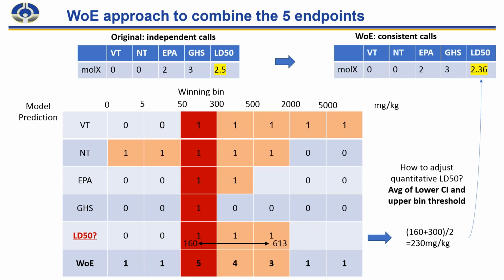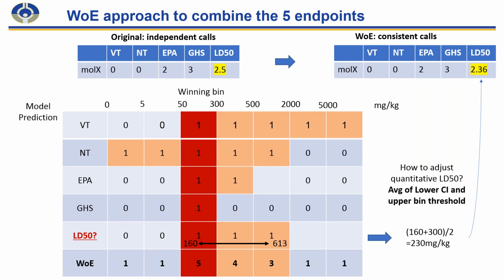And so then the question becomes, well, how then do we adjust that quantitative LD50 value to reflect that weight of evidence approach? And we looked at a number of different types of mathematical formula to do that. And as it turned out, the one that gave the most consistent results was just looking at the average of that lower confidence interval that was applied to that quantitative prediction and the upper threshold of that bin that's consistent with all of the other model predictions.